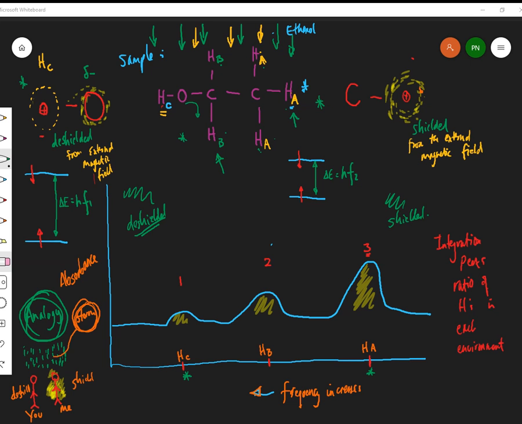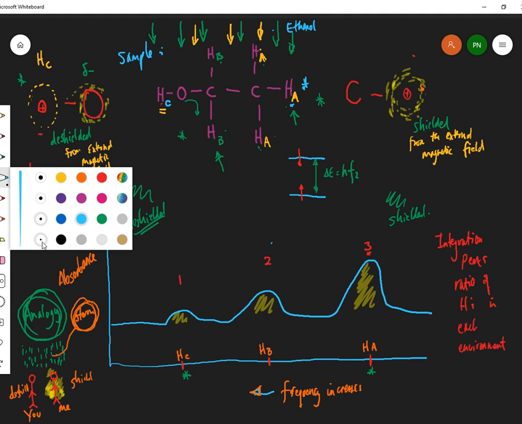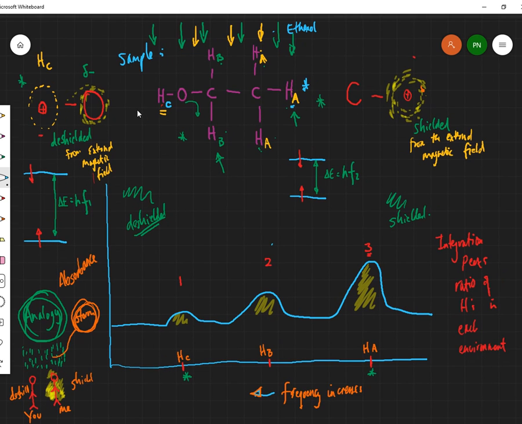Could you go over the de-shielding and shielding again? Yeah, sure. Okay, here we go. Now I've got to draw tiny arrows, apparently. Let me use a blue pen. Tiny, tiny arrows. Right, this proton here. That's a tiny arrow for you, George. This proton in here is next to an electronegative oxygen.